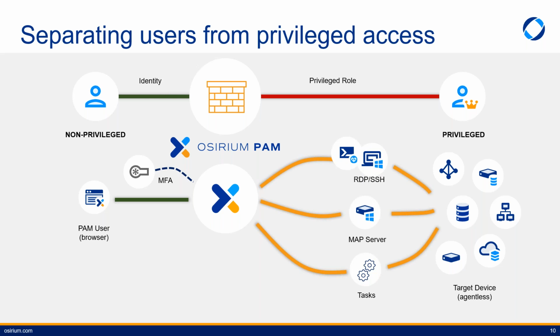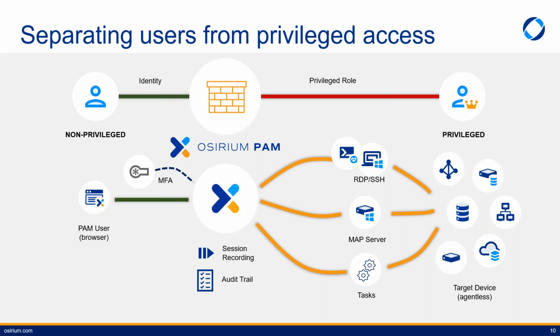So what Assyrium PAM is all about is being able to take that user coming in and offer them the ability to connect on to the services and the target devices that they need to manage through a variety of different mechanisms. Now, it could be full administrative access.